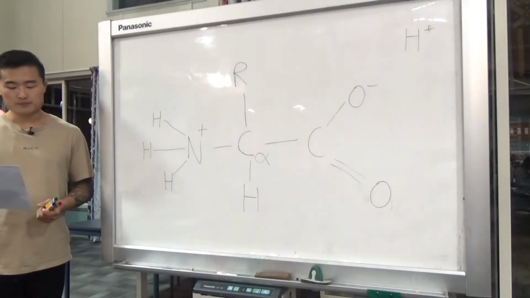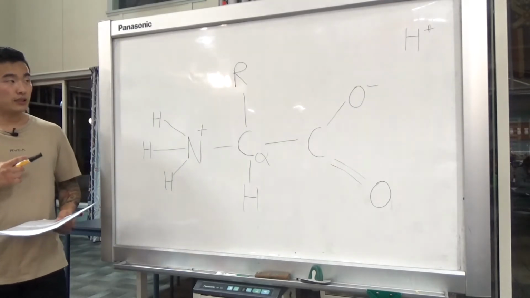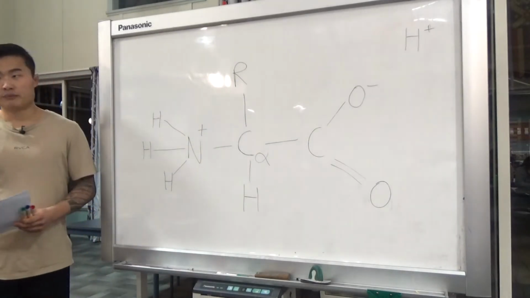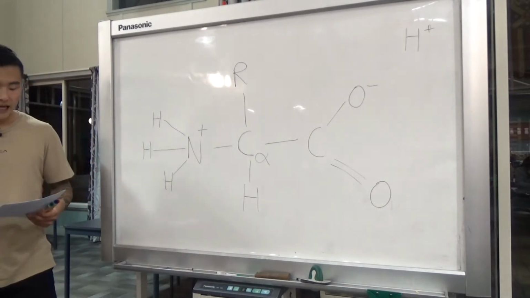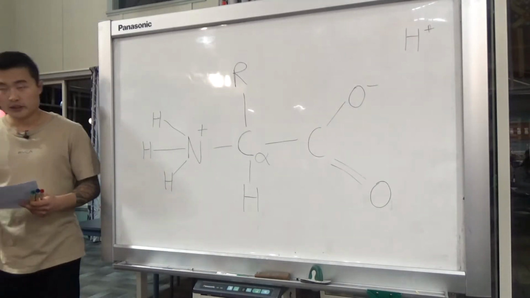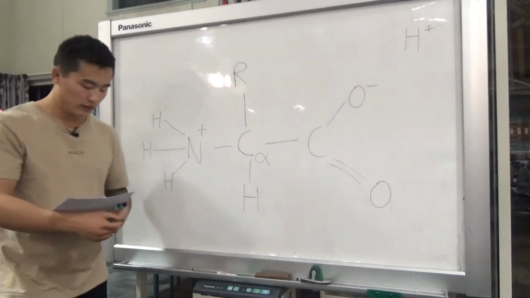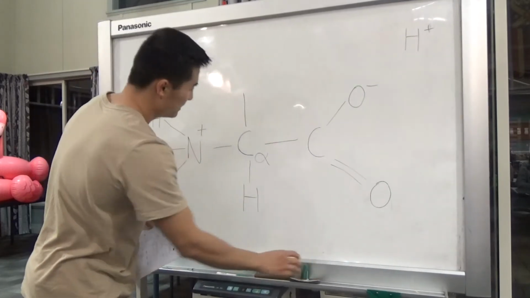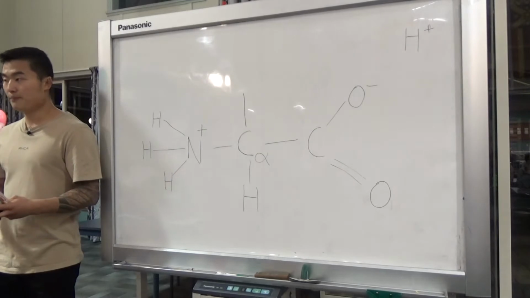Depending on what this R group is, that's going to determine the property of this amino acid. Our first group that we'll look at is the nonpolar amino acids. If it's a nonpolar amino acid, this R group is not going to contain an oxygen atom.